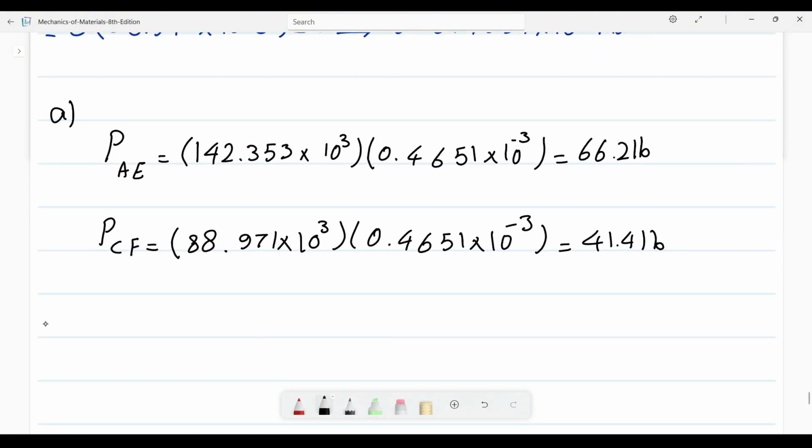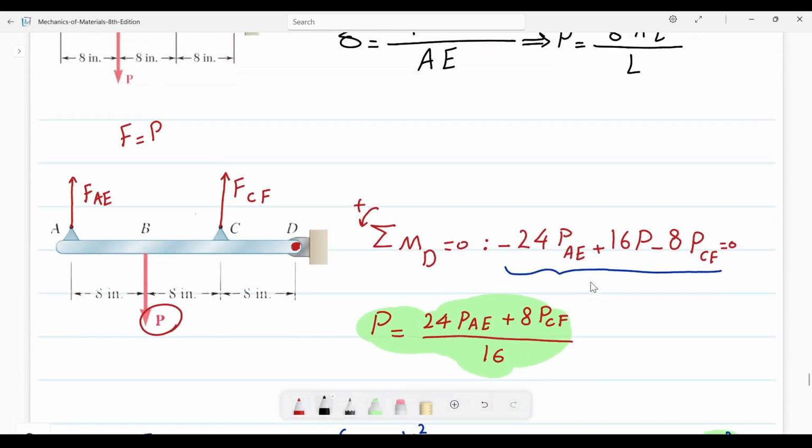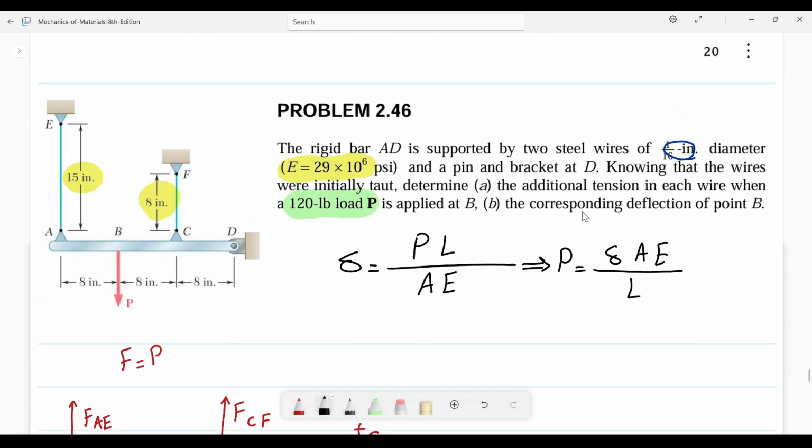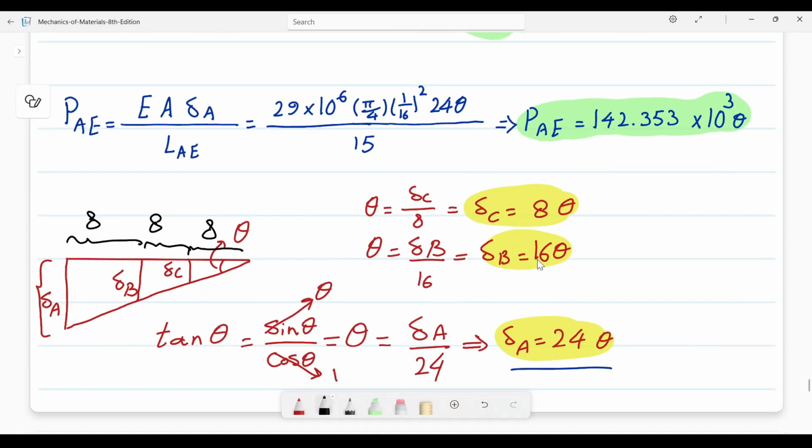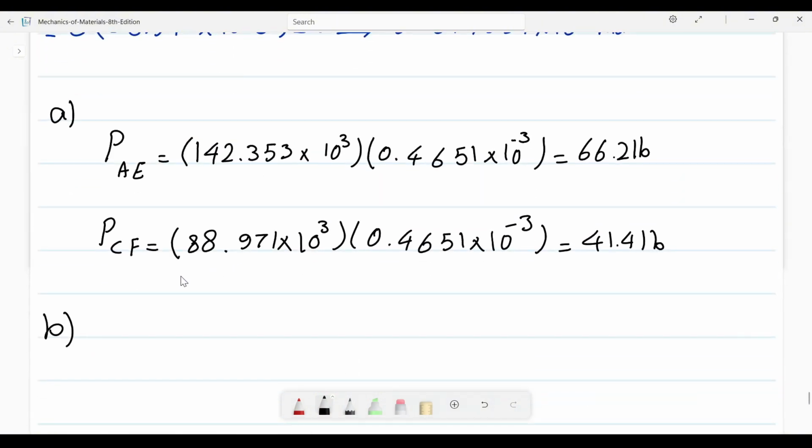And for part (b), we need the deflection of point B, which is equal to 16 theta.